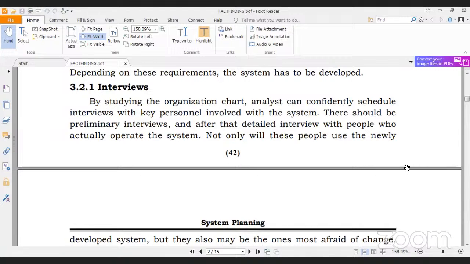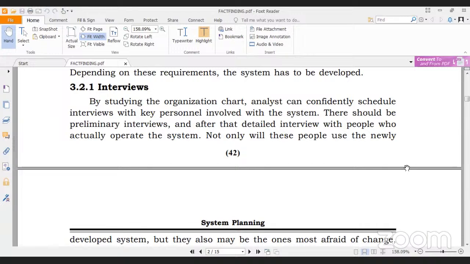And you can ask different questions, you can ask for different views of the customers, the clients, or the stakeholders. There should be preliminary interviews, and after that, detailed interviews with the people who actually operate the system. Two types of interviews will be carried out.